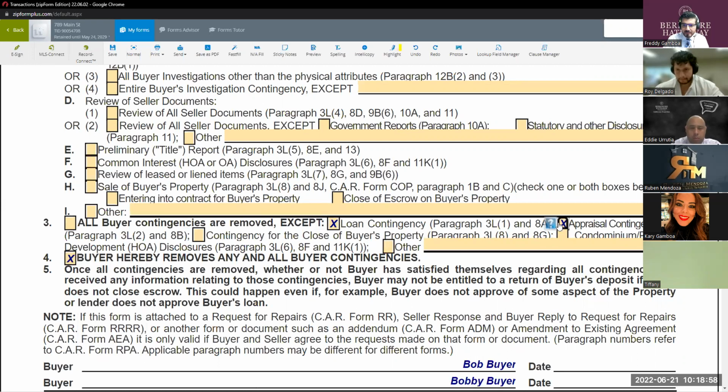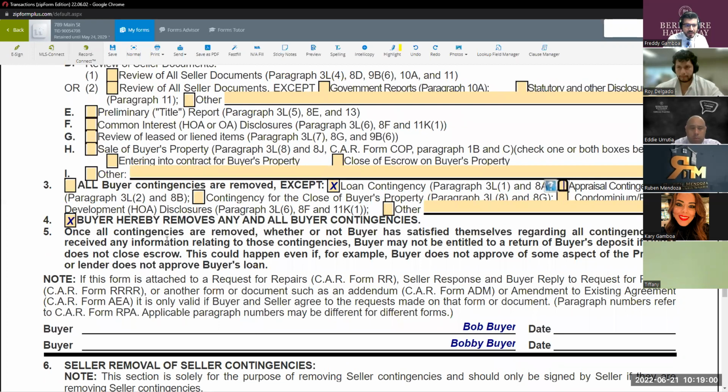By putting 4, you're saying that buyer has fully satisfied him or herself when it comes to removing all applicable contingencies from inspections, investigations, disclosures, reports, appraisal, and loan. That's it. The buyer has reached the point of no return.